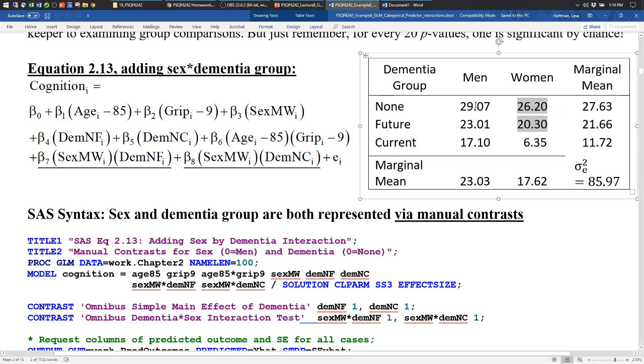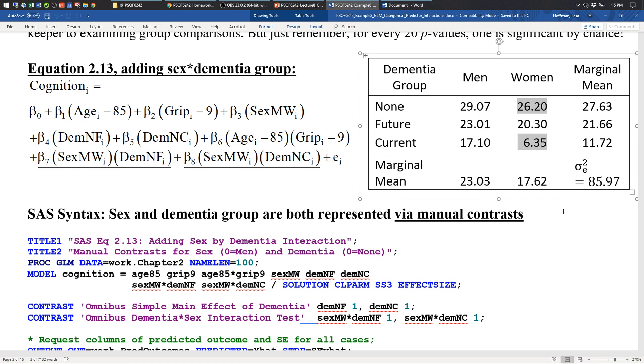The other one then says how this, doing math in my head in front of you, 12-ish point difference differs from this 20-ish point difference. Are 12 and 20 different? Probably. We'll find out.